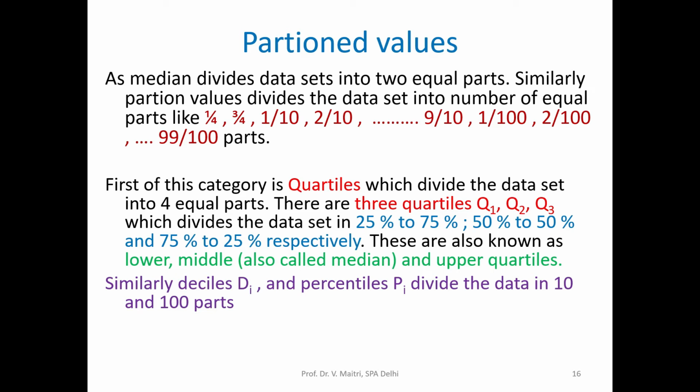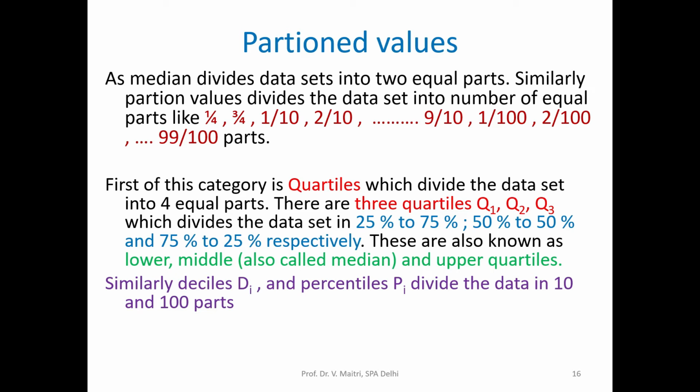First, when you divide the data 25% to 75%, this category of partition is known as quartiles. Quartiles divide the data set into 4 equal parts, and are denoted by Q1, the first quartile, where we divide the whole data set 25% to 75%.